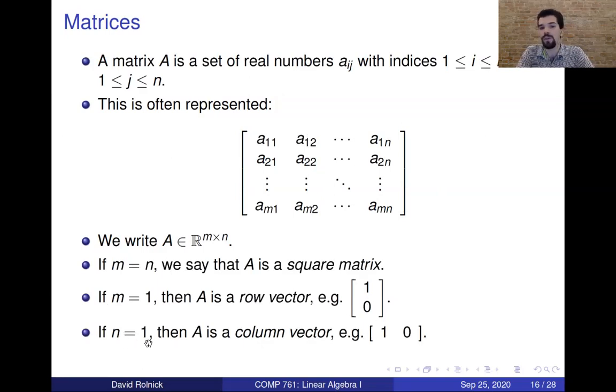And if n is equal to 1, then A is a column vector. It's just if there's only one of these columns or only one of these rows. And you can think of these just like vectors, though we'll see what's slightly different between a row and a column vector.